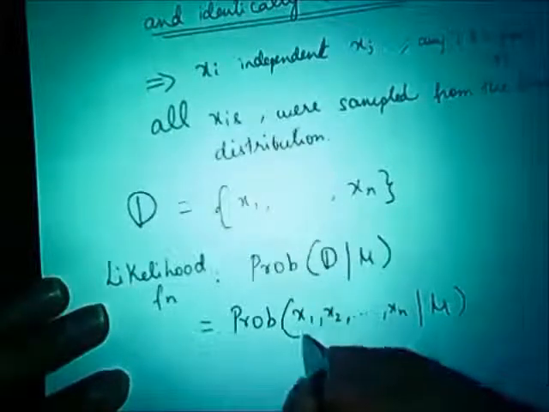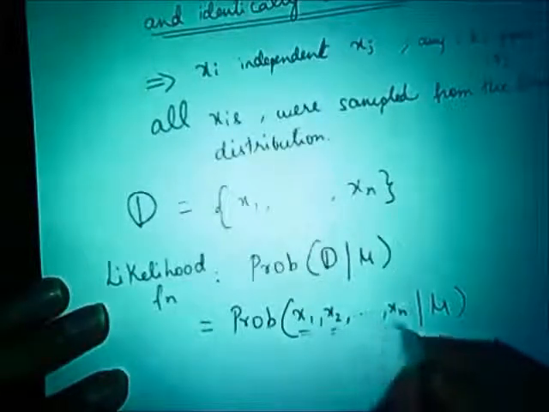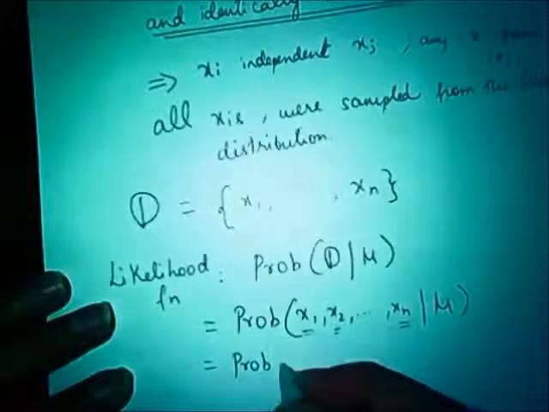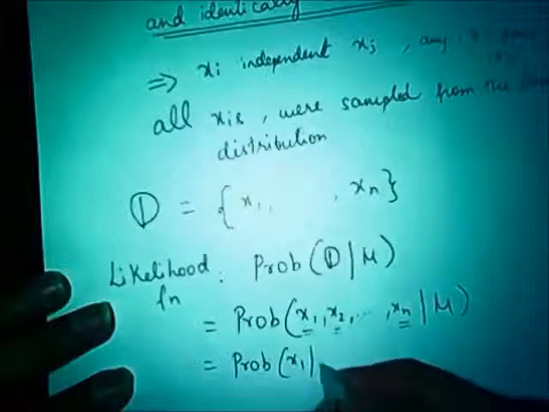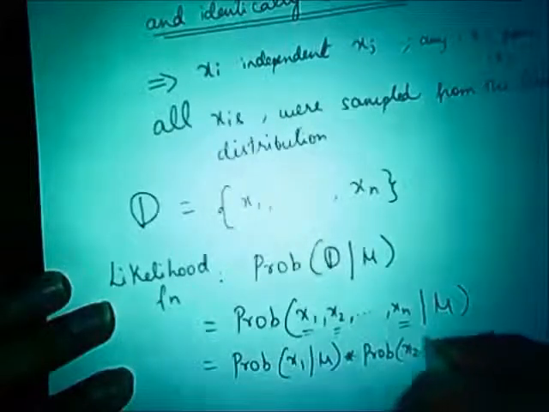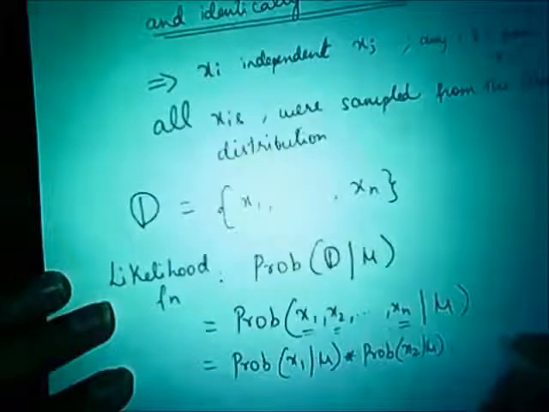So since x1, x2 until xn are independent, this probability is equal to the probability of x1 given mu multiplied by the probability of x2 given mu, and so on.